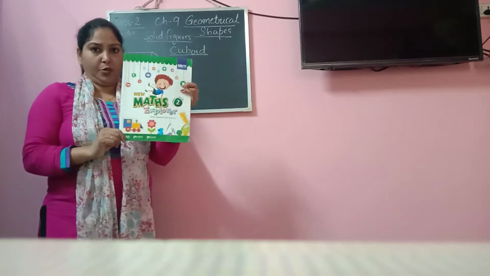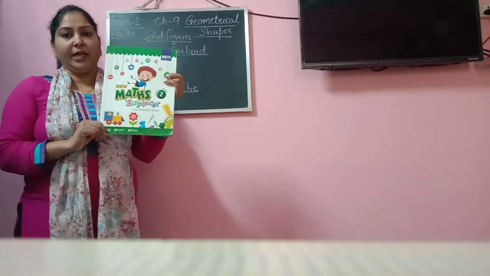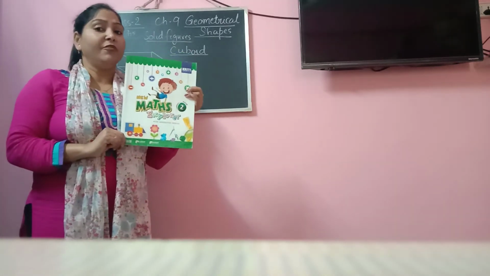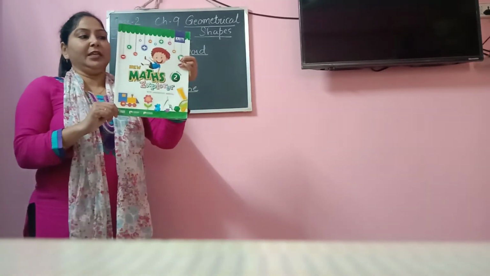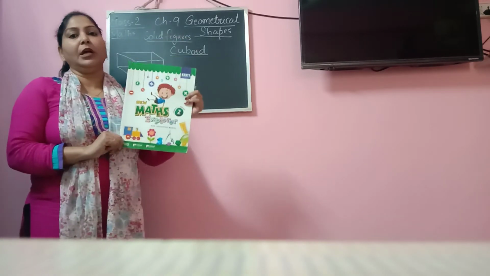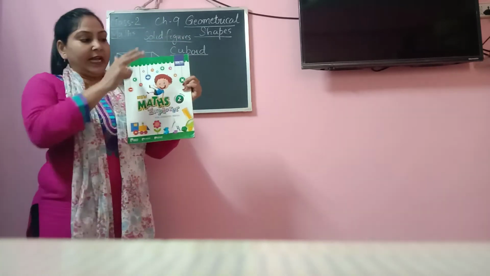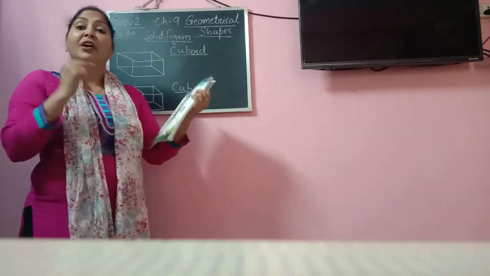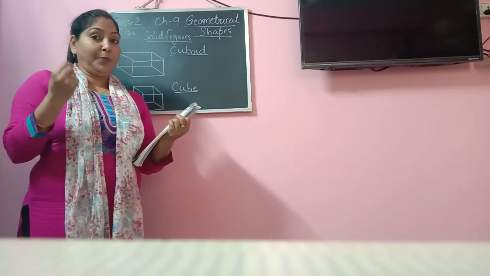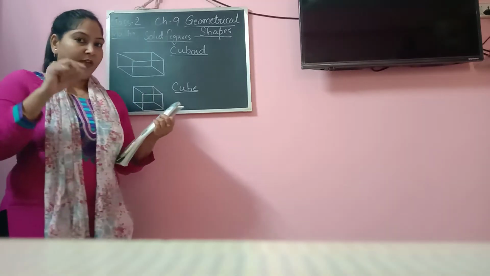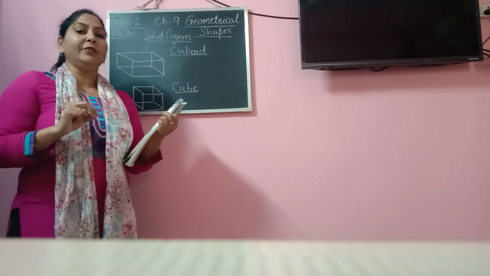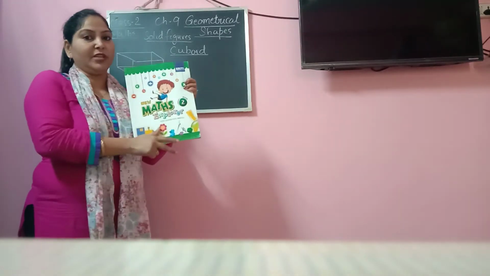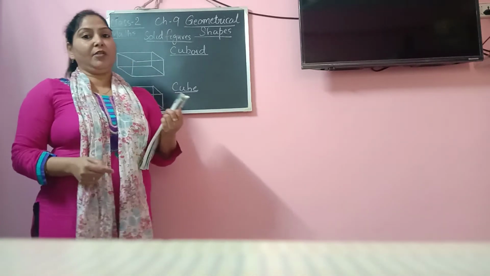So I have a book. Now this solid figure is made up of which plane figure? If you look at the book and try to identify each surface of this book, which plane shape is it made of? If you notice carefully, you will find that the surface of the book is made up of rectangular shape.